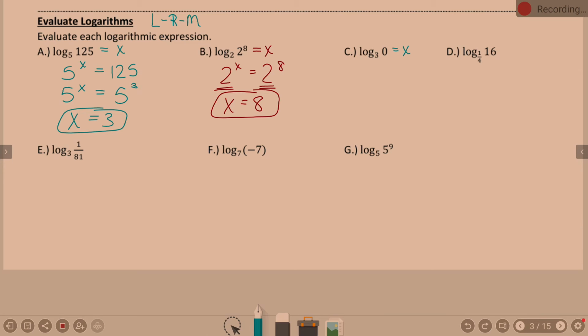What are we doing here? 3 to the x equals 0. Well, if x equals 0, isn't it still 1? No solution? Yeah. So, okay, the question is 3 to what power equals 0? There isn't one, is there?